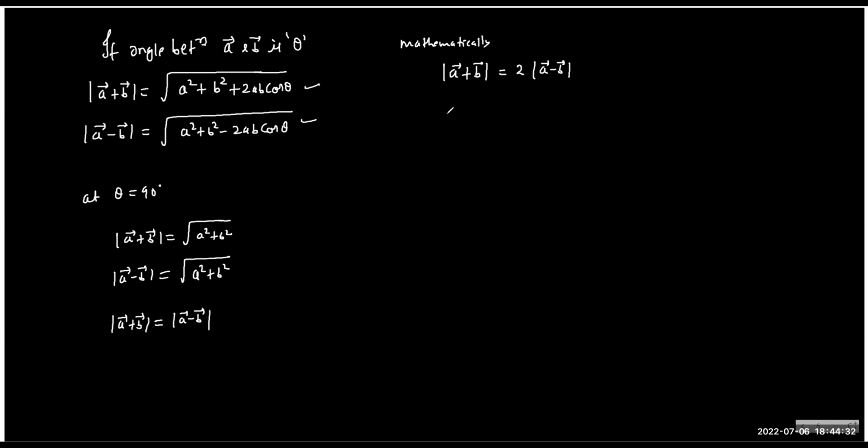And if I change the relation like this, now which one is bigger? Now the difference is bigger than the summation, which means the difference must be having the acute angle.